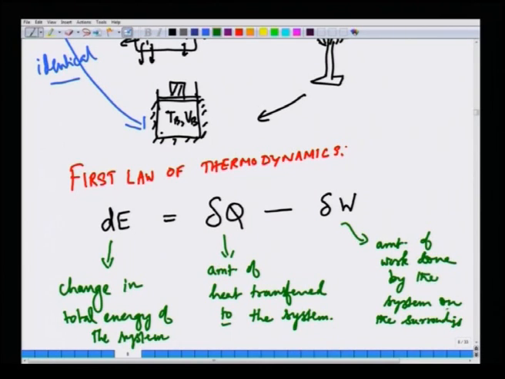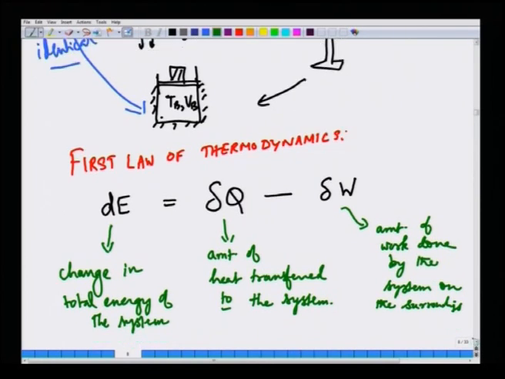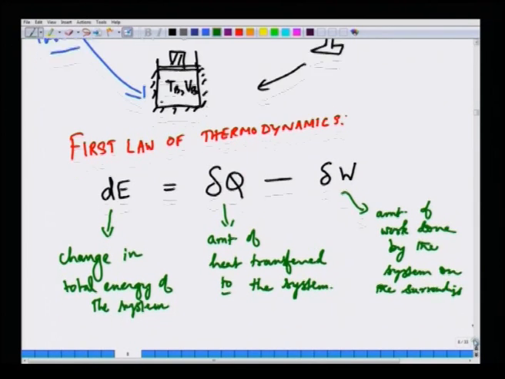Let us understand the implication of this equation from the example that we just did.